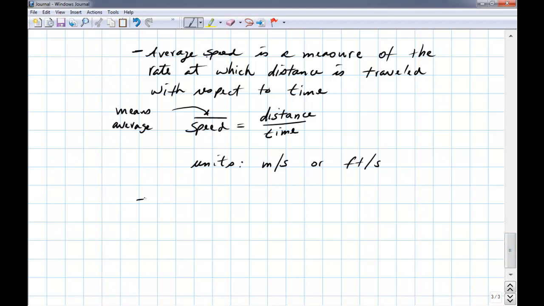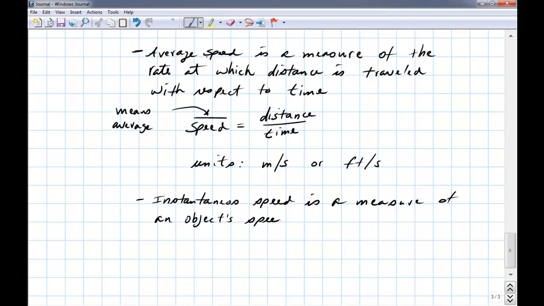Let's now define the concept of instantaneous speed. An instantaneous speed is a measure of an object's speed at a specific instant in time.